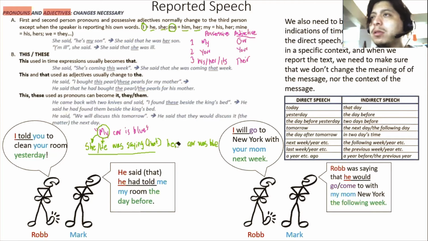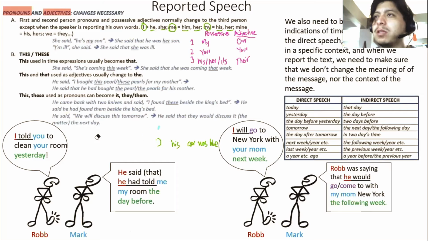What happens if it was a man? It was Marco who said that. Marco said, "My car is blue." He was saying that his car was blue. My changes to his or her. It depends on who is the person who is saying this original direct speech. Okay, I hope it makes sense. So let's get rid of this. What else does it say?